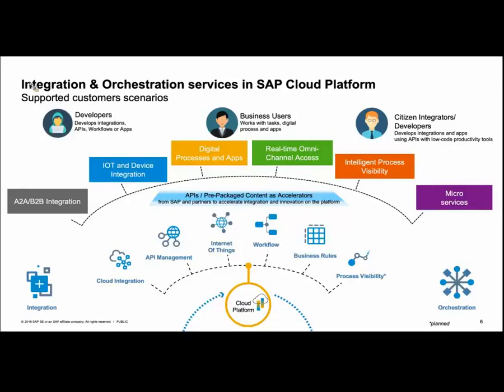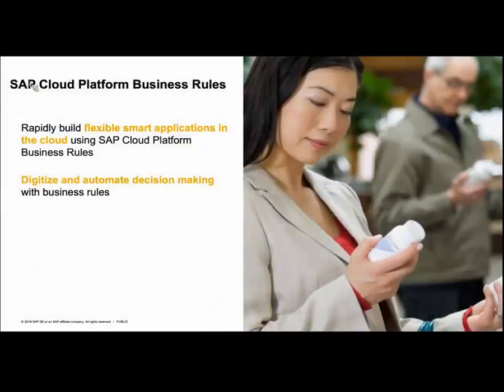The various services that comprise this portfolio are workflow, business rules, cloud integration, API management, and IoT services, and the soon to be launched process visibility service. But today we are going to talk more about business rules.